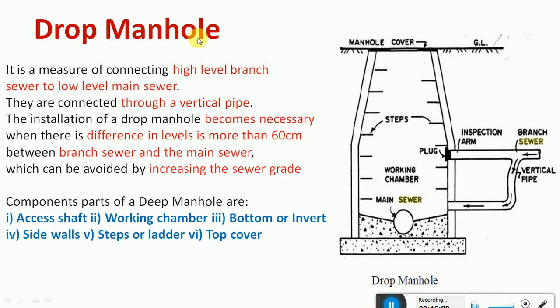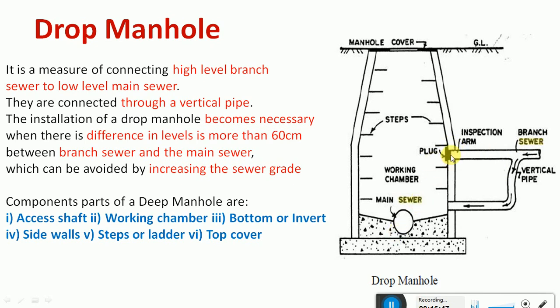It is similar to the deep manhole, but it has a vertical drop here. So this is called the drop manhole. Like I was telling you, when you cannot directly connect a branch sewer to the main sewer, what happens?